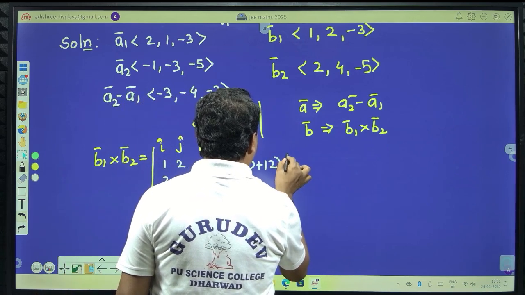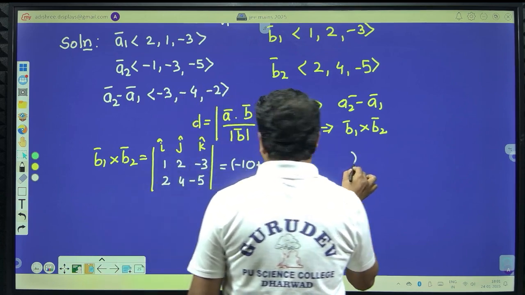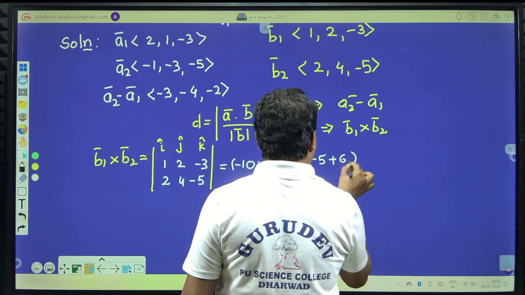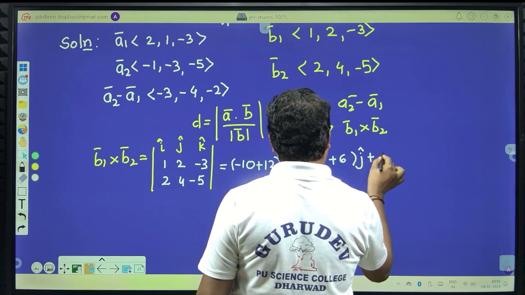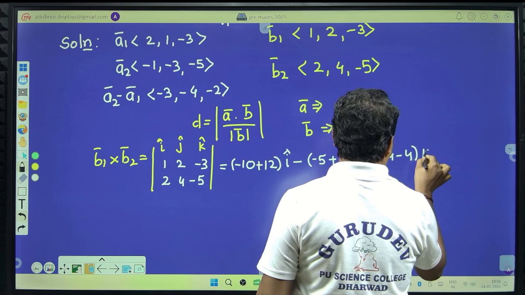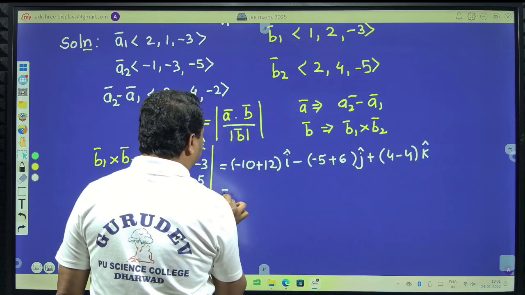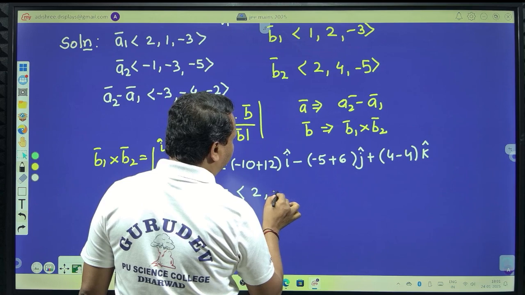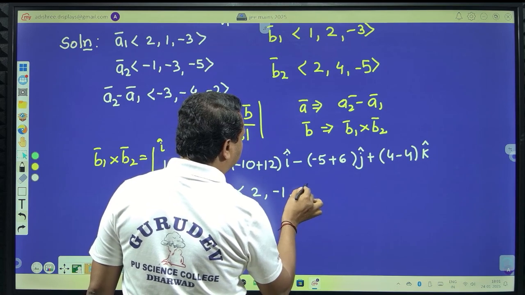The J coefficient is minus of minus 5 plus 3 2s, which is 6. The K coefficient is 4 minus 4, which is 0. I am interested in only the numericals: 2, 6 minus 5 is 1, and 0.